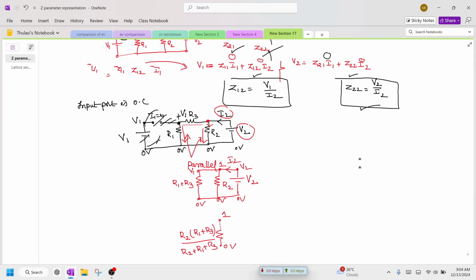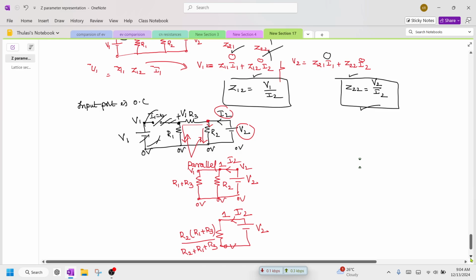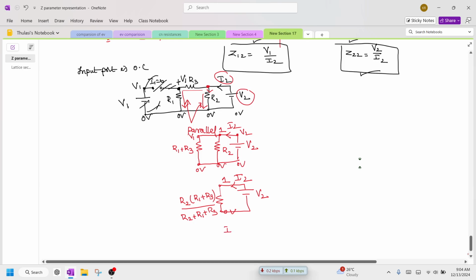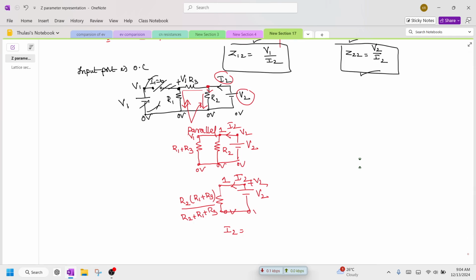Now we are going to get this voltage as V2 here. So this is the voltage V2 and this is the current I2. Now I require the relationship between V2 and I2. So the current I2 is equal to, what is the voltage at this point? This is plus V2 and this is 0 volts. The current flowing in this branch is high potential minus low potential.